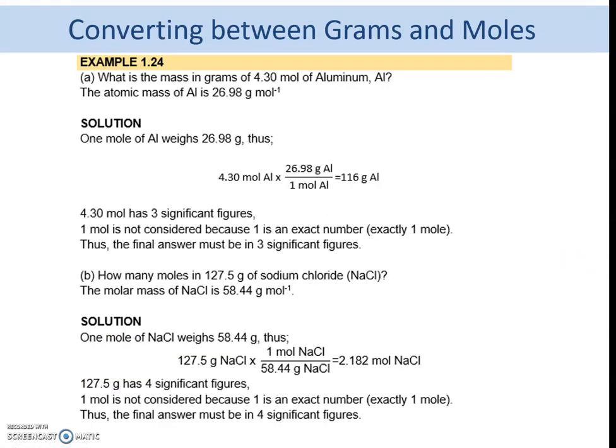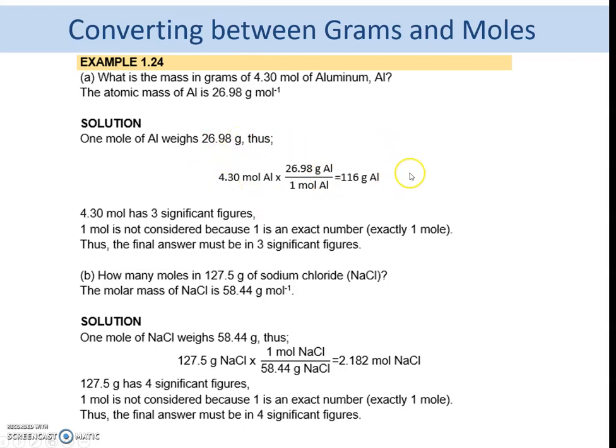Let's look at when we want to convert between grams and moles. What is the mass in grams of 4.30 moles of aluminium? The atomic mass of aluminium is 26.98 grams per mole. So 1 mole of aluminium weighs 26.98 grams.